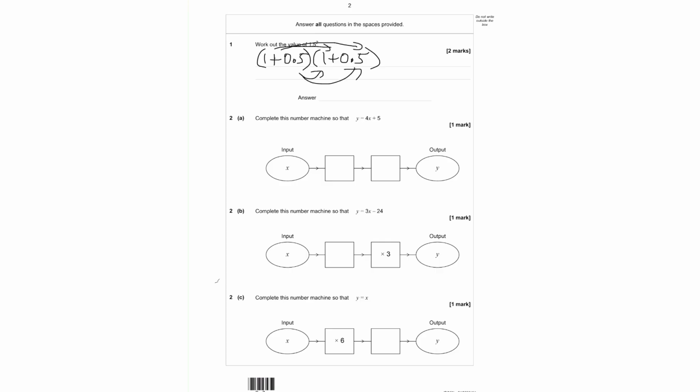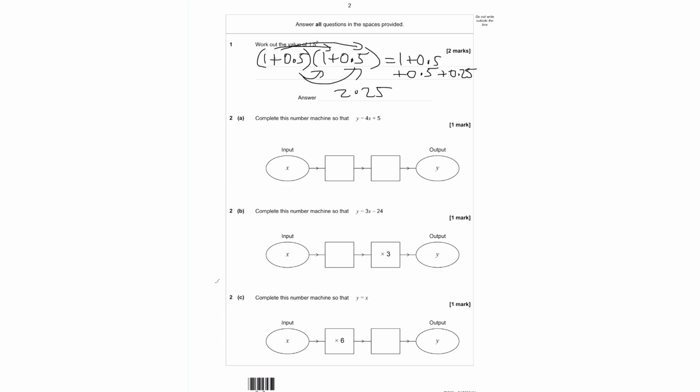So if we go through that, we get 1 times 1 is 1, plus 1 times 0.5, which is 0.5. I'm going to have to go on to the next line, and then we have 0.5 times 1, which is 0.5, plus 0.5 times 0.5, which is 0.25. And if we add all those together, you'll see again, we get 2.25. So a little bit long-winded for a first question, but might actually be quite useful.